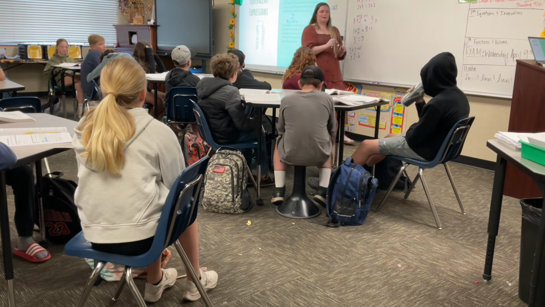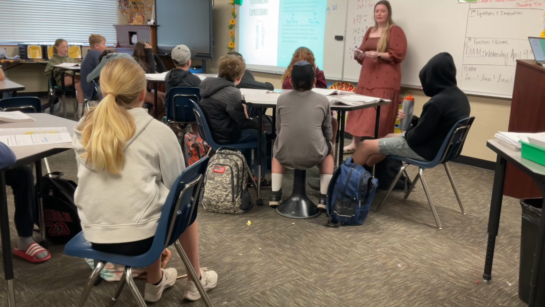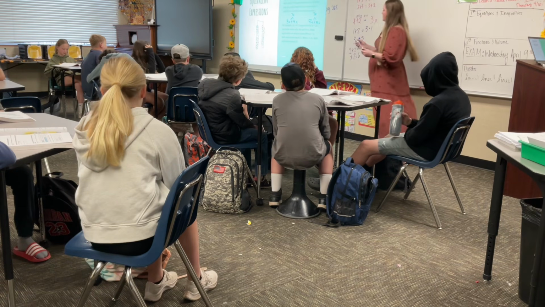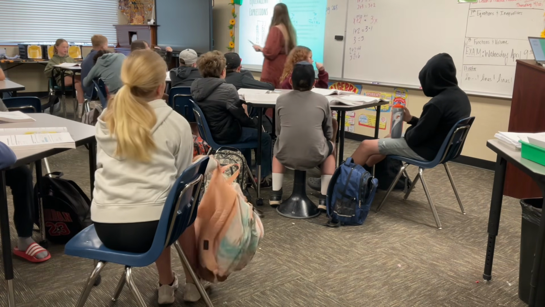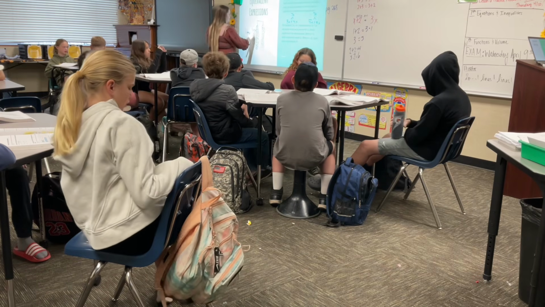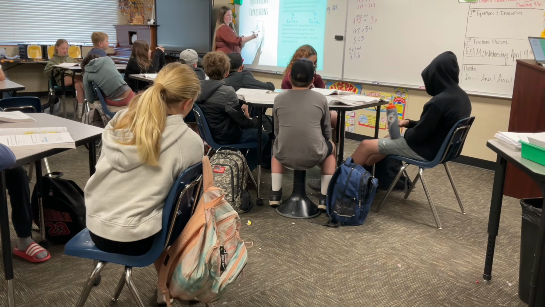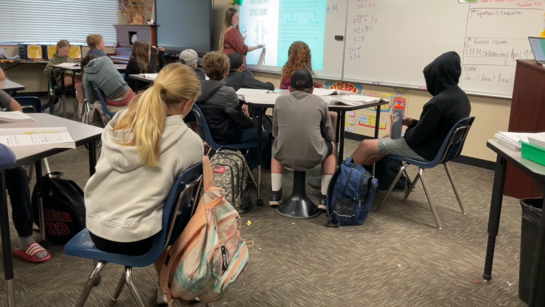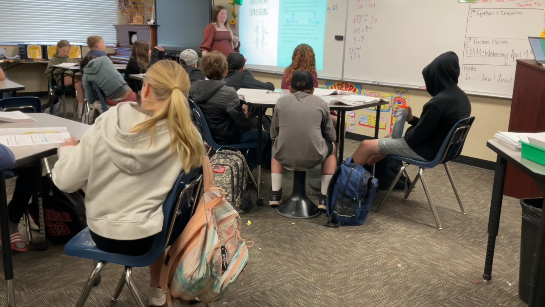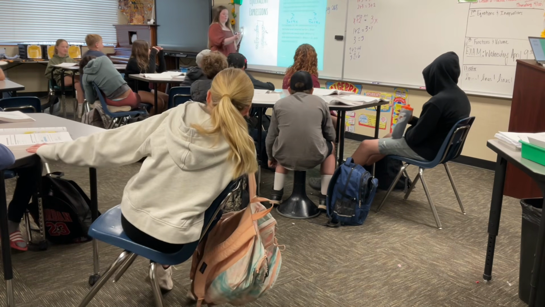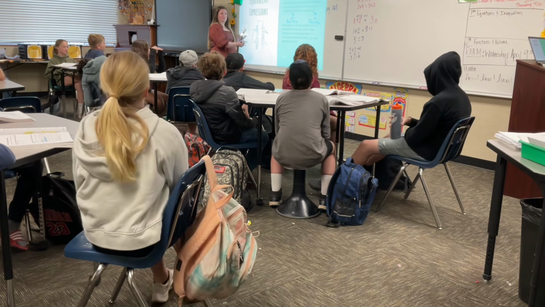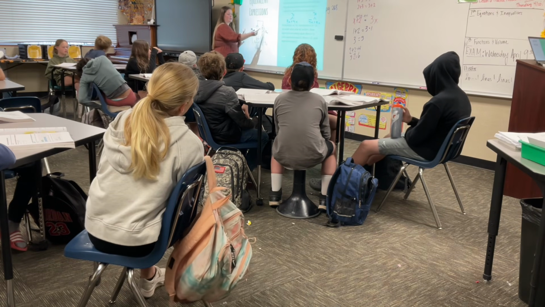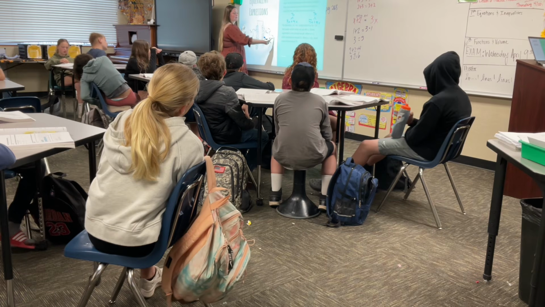Well, I have 3x right here, and then I have 4x right there, and then I have 5x here, and I have 2x here. On which side do I have 7? Both. Both sides I have the same amount of x's.